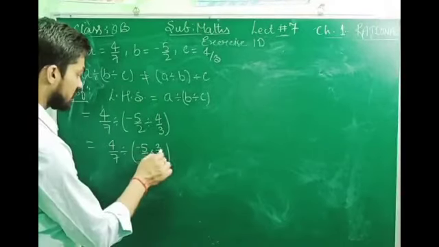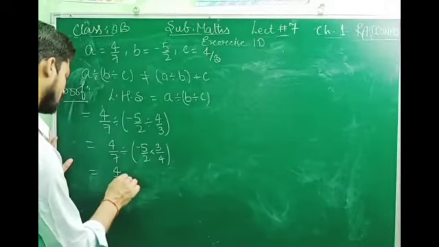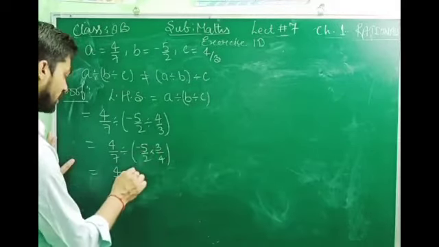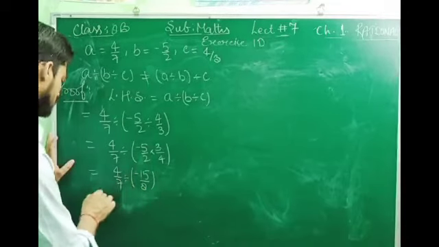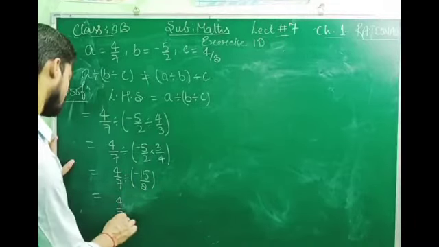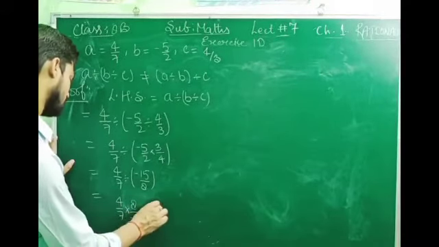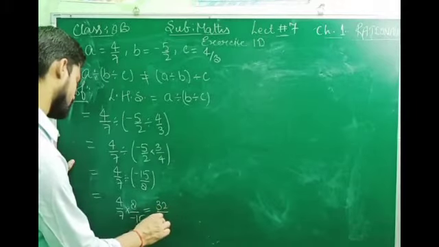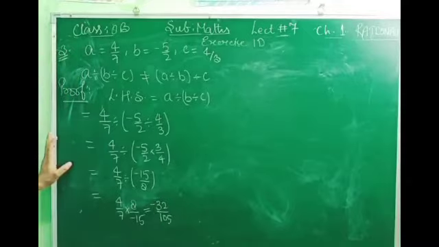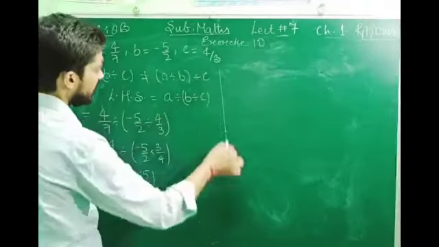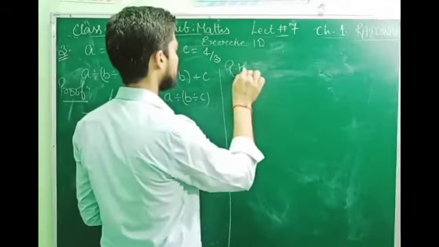So 5 3s are 15 upon 8. That is minus 32 upon 105, and take RHS.